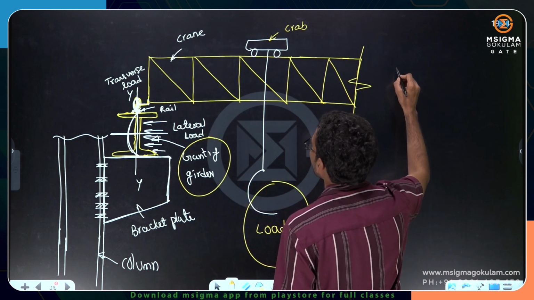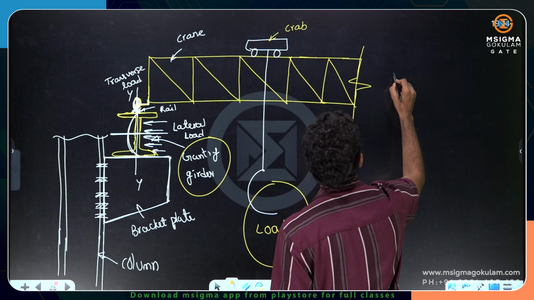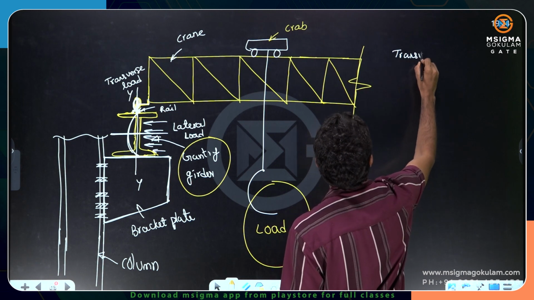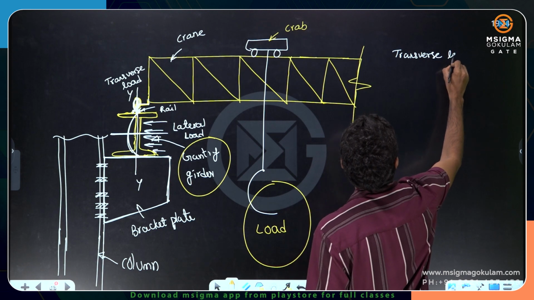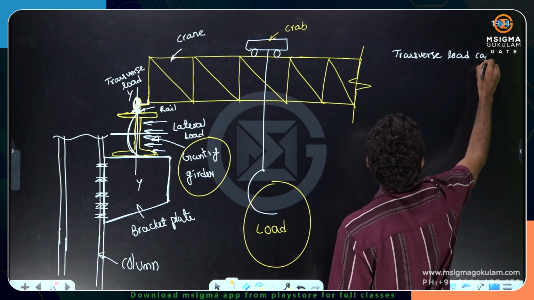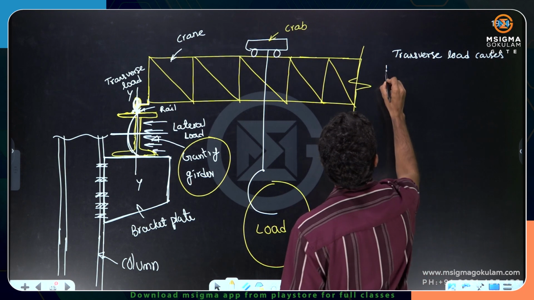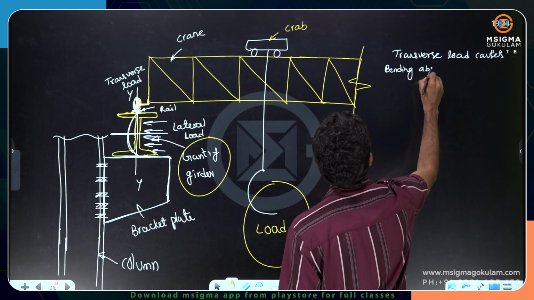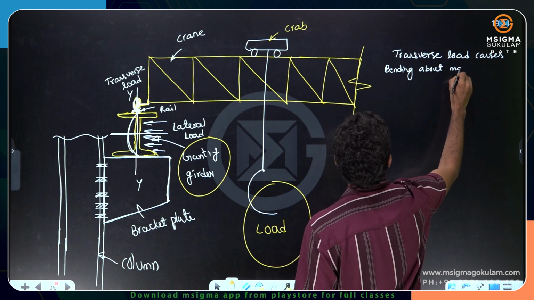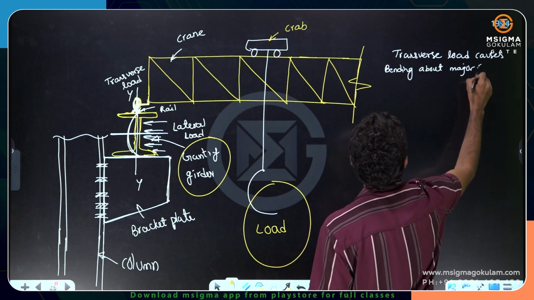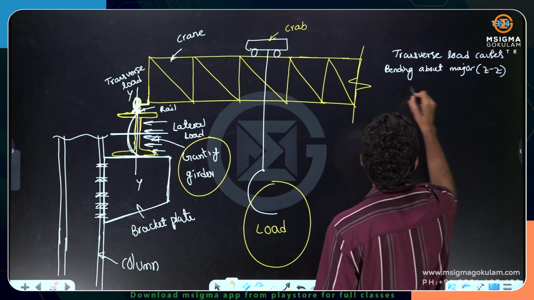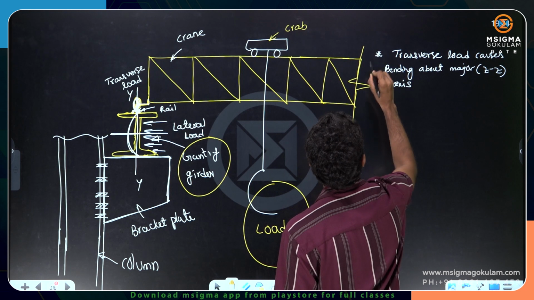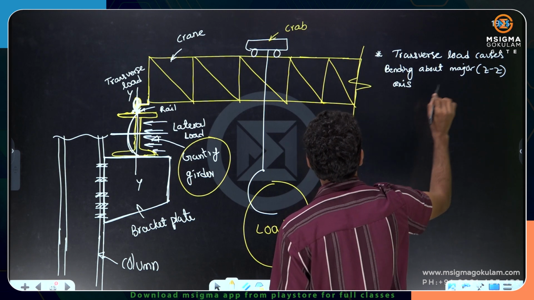Transverse load causes bending about the major axis, that means ZZ axis. Transverse load causes bending about major axis or ZZ axis.